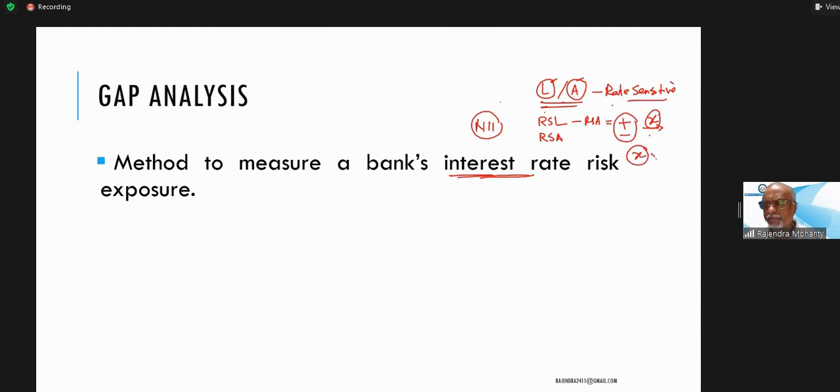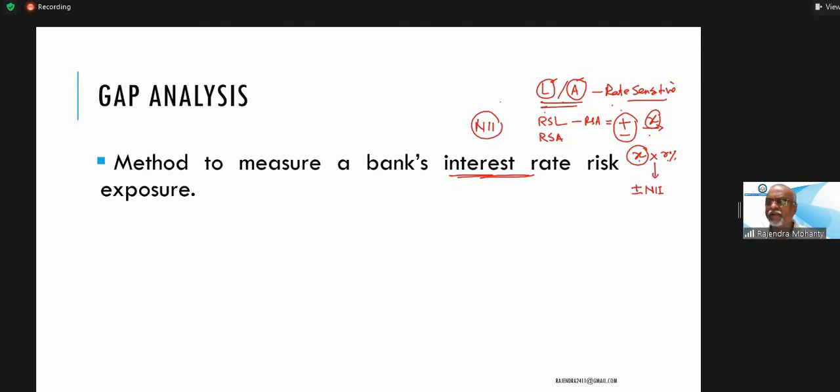When we multiply that gap with the change in the rate of interest in future, we can find the impact on our NII. So it can be a plus or it can be a minus also.